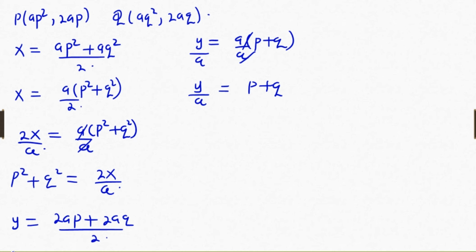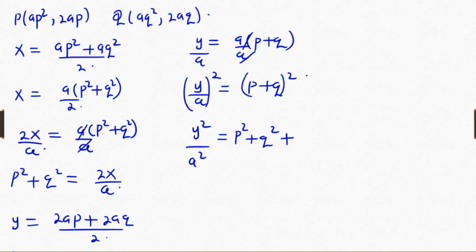Remember, we want to get the equation of the midpoint. What does that mean? I can square both sides. So when I do it, I'm going to have y squared out of a squared is equal to p squared plus q squared, then plus 2pq.